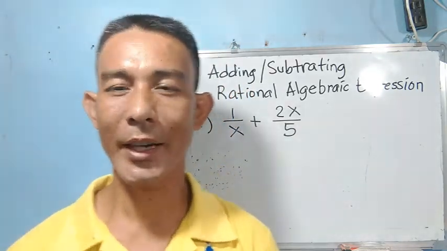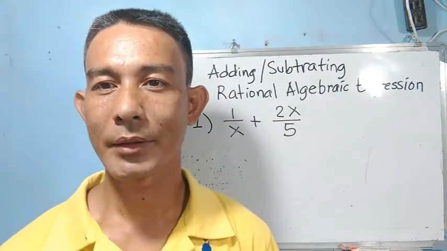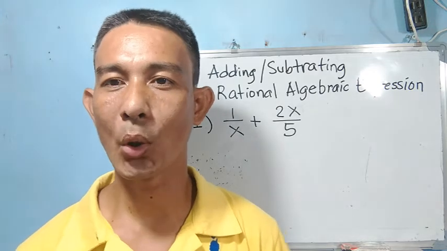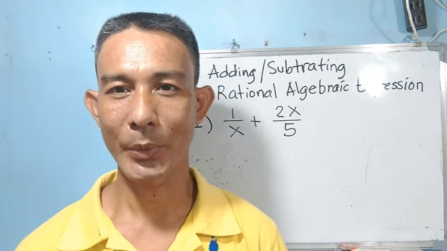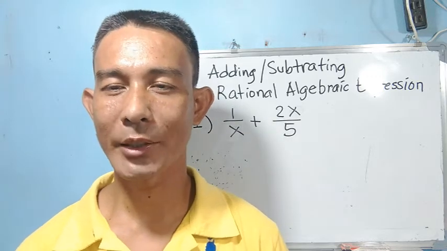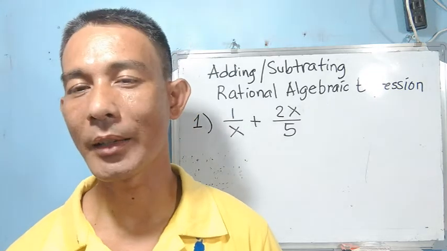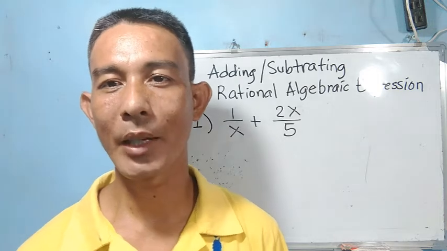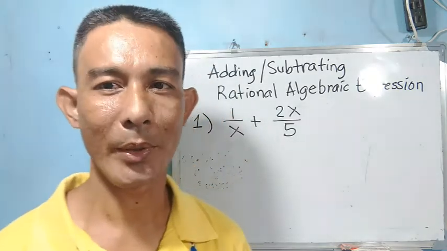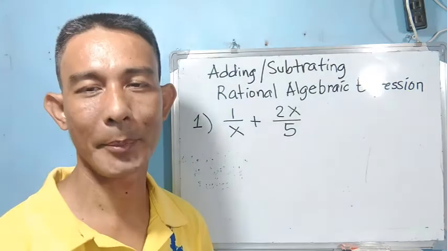So this time I'm going to teach you how to add or subtract rational algebraic expressions. A rational algebraic expression, as I said, is an expression containing a fractional form, where the numerator and denominator are polynomials. Here's our first example.